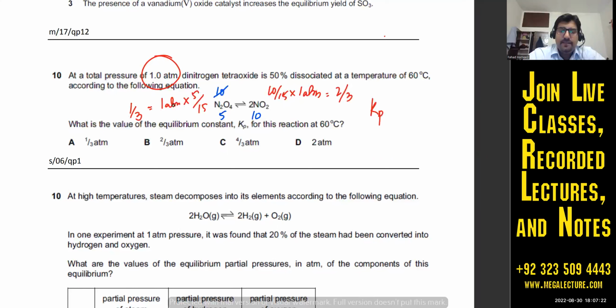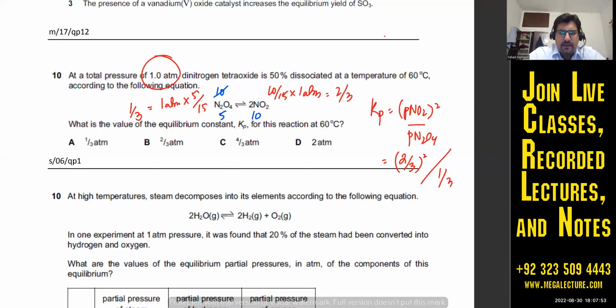Kp expression is the pressure due to NO2 squared, or partial pressure of NO2, and that's squared, and divided by partial pressure due to N2O4. So NO2 here, that's 2/3 squared. दूसरा here, N2O4, that's 1/3.